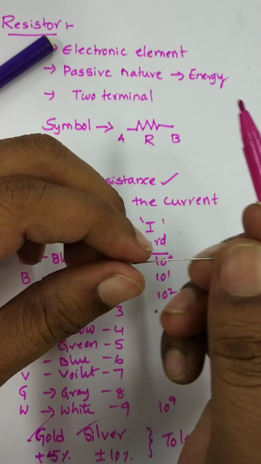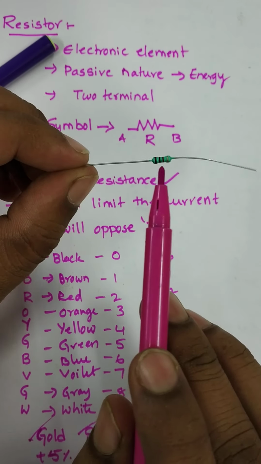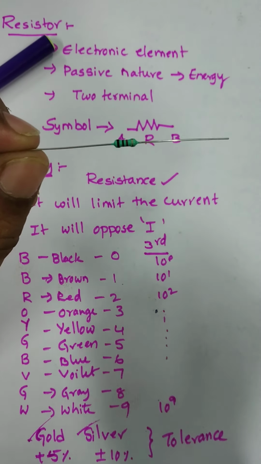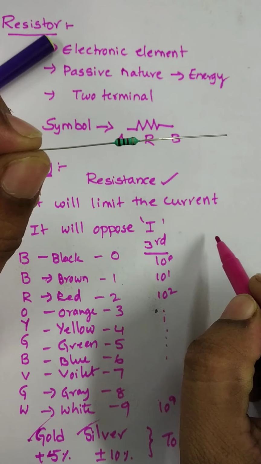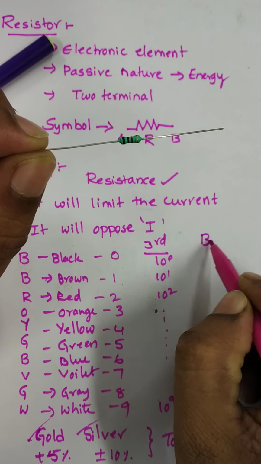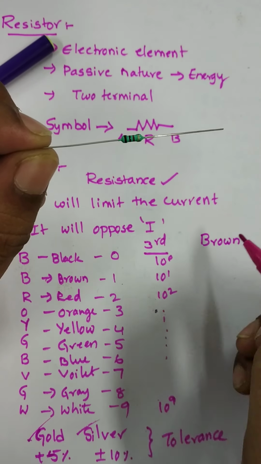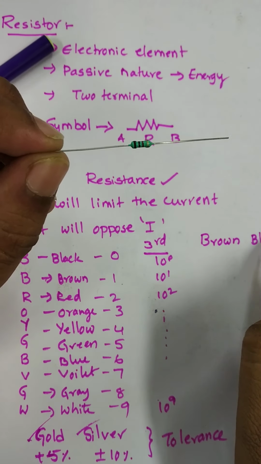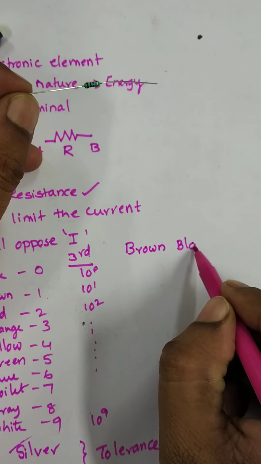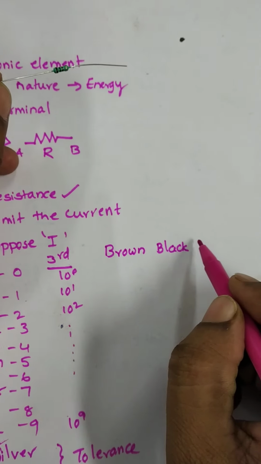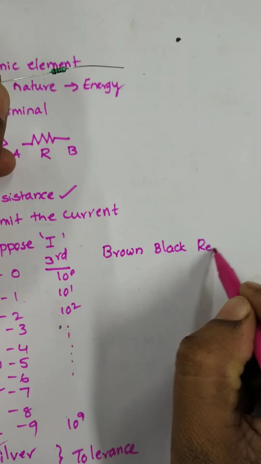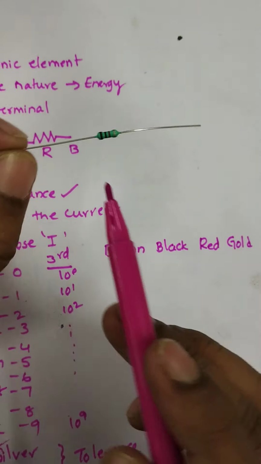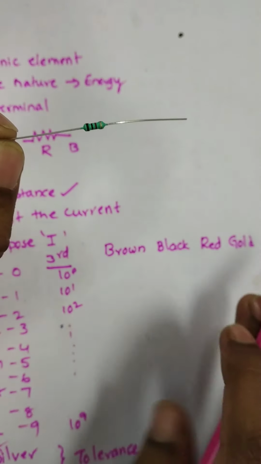The first color is brown, the second is black, the third is red, and the fourth is gold. These are the colors we see on the resistor.